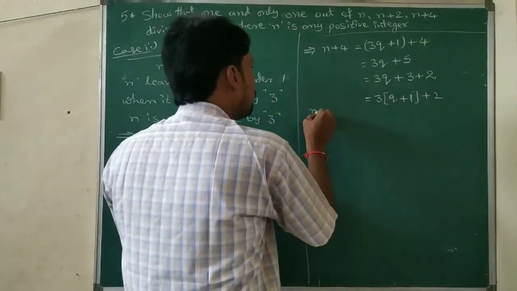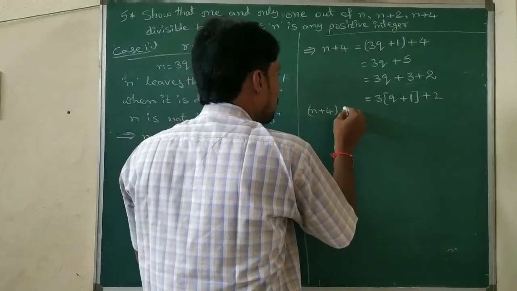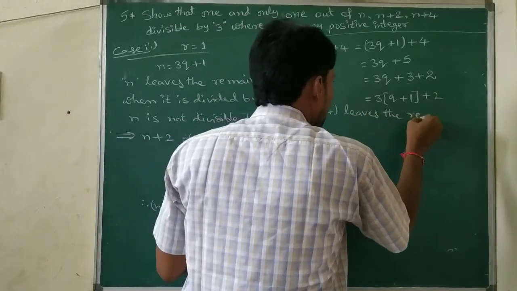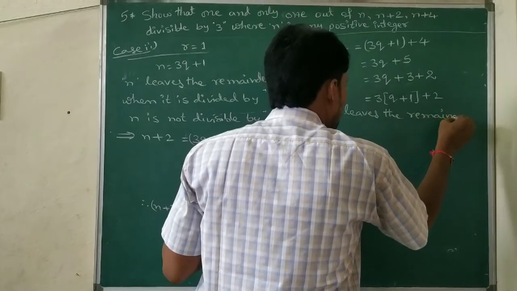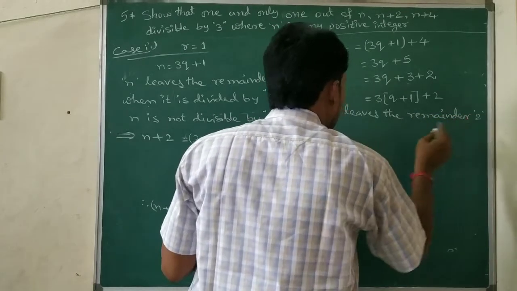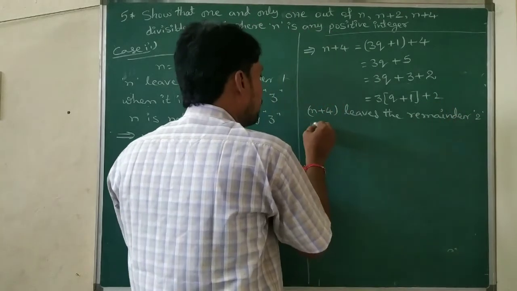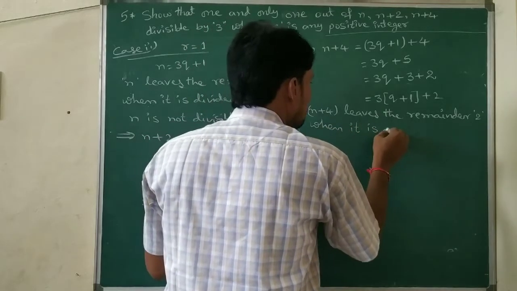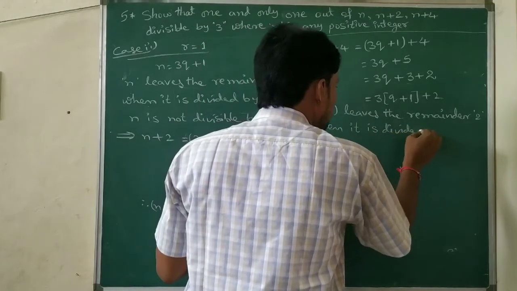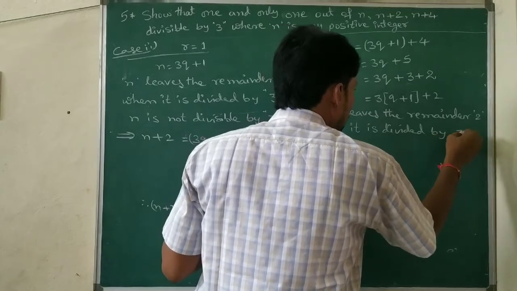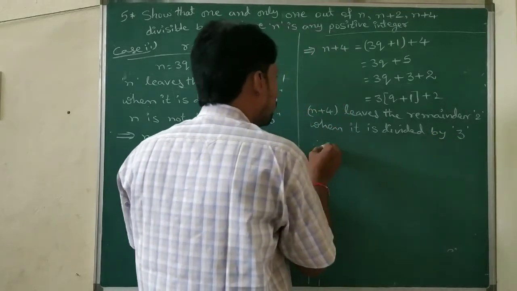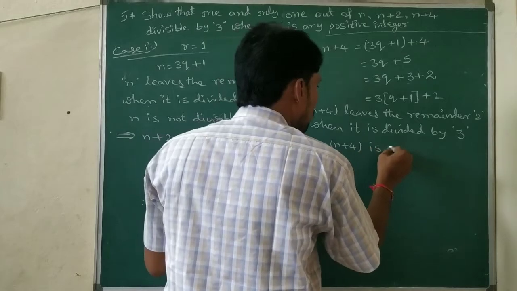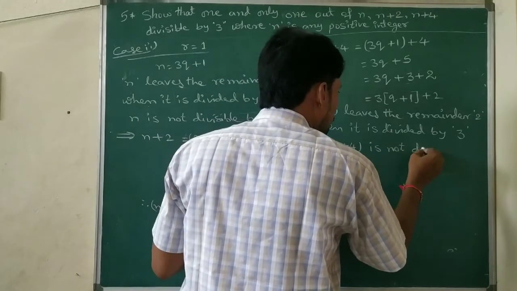N plus 4 leaves the remainder 2 when it is divided by 3. Therefore, n plus 4 is not divisible by 3.